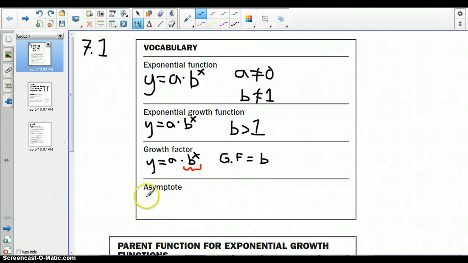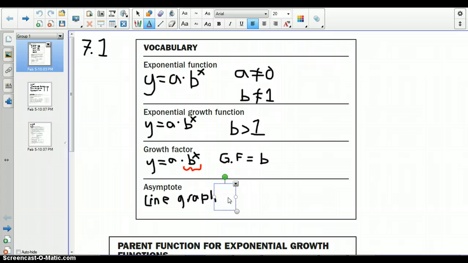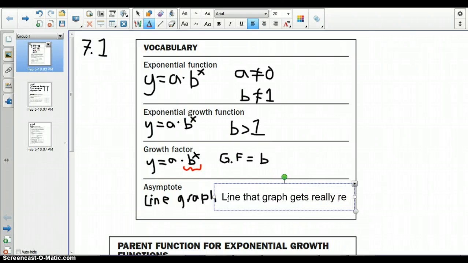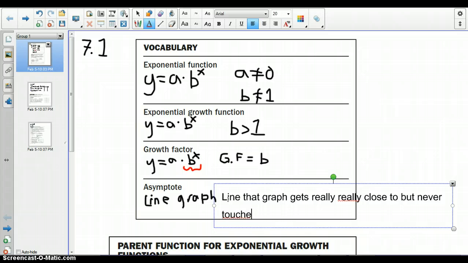An asymptote is a line where the graph gets really close. So it's a line that the graph gets really, really close to, but never touches.